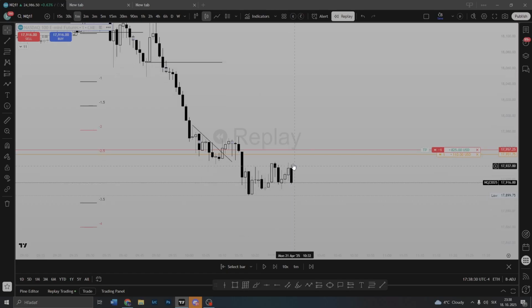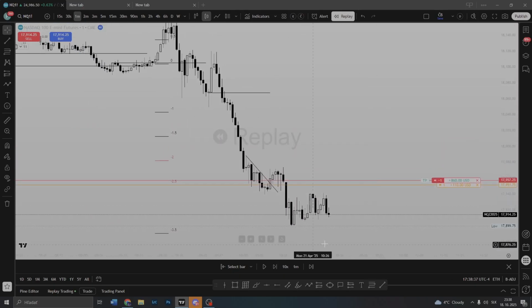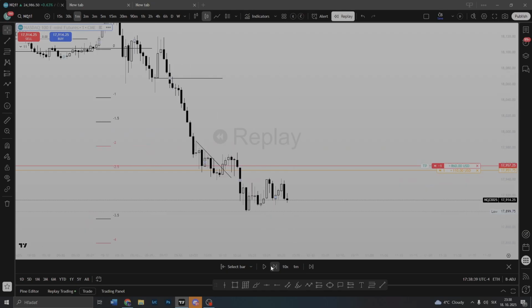Pretty good. I don't need to see stronger closure in here. Also, we are at 10:30, 10:30 SMR time. We can see some sort of reversal right here.